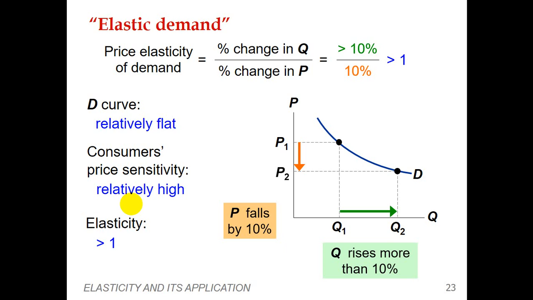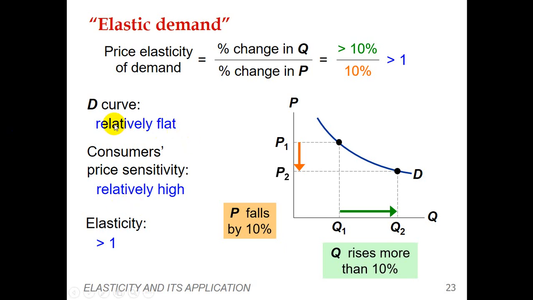So it shows that the price elasticity of demand is greater than 1. When the fall in price is 10% and the increase in quantity demanded is 10%, it shows unit elastic. But here the fall in price is 10%, but the increase in quantity demanded is more than 10%. That means the elasticity now is not unit elastic, but it is greater than 1.